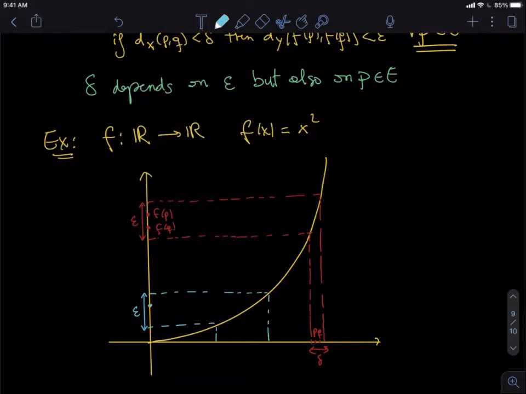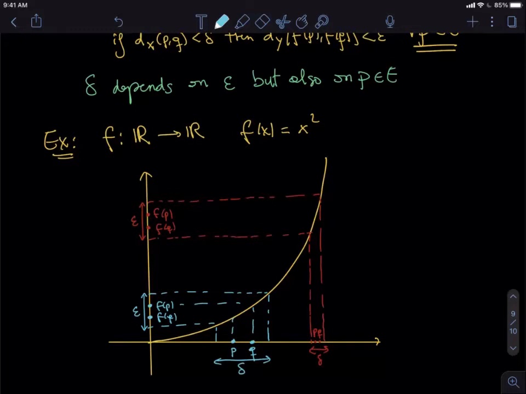Now we could take f of p, f of q, and when we translate them back, so we have our p and q here, but now the delta can be much bigger than before.